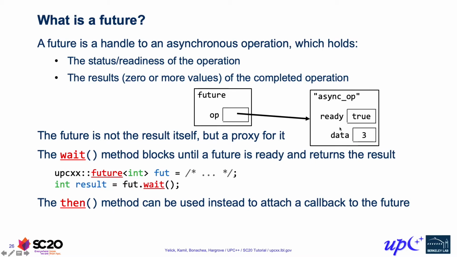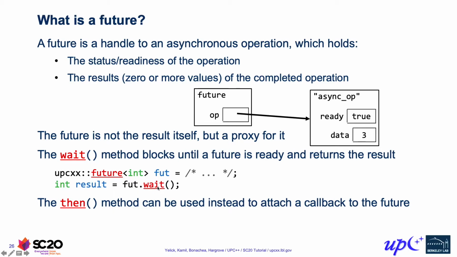And then also whatever data values that the operation produces. Okay? And so in this case over here, the one that's illustrated over here, we actually have an int value. And so that corresponds to a future int.